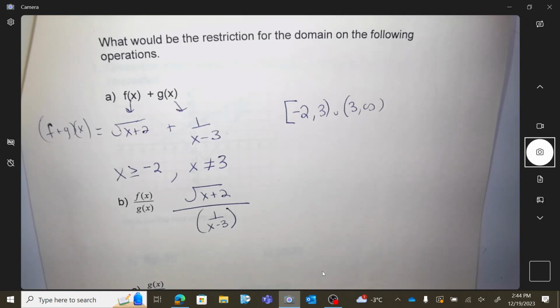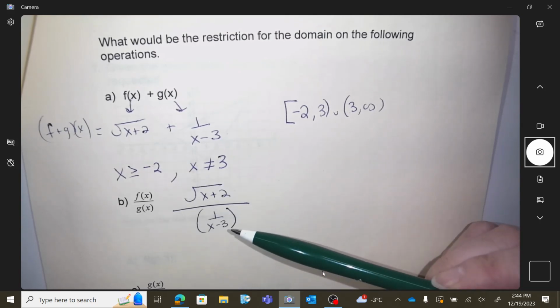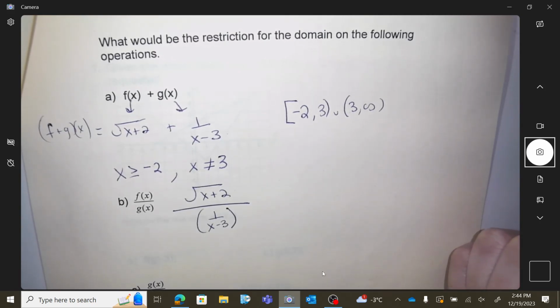Okay, we're looking at the same things. We can't have that radical. So we're restricted with the radical, we're restricted with this rational. Same thing.